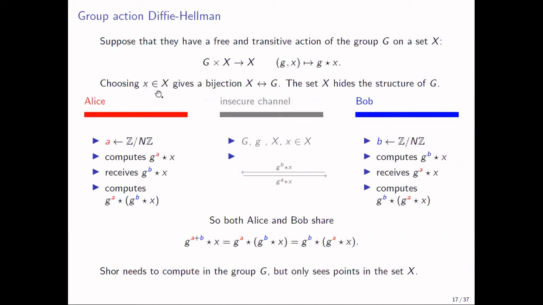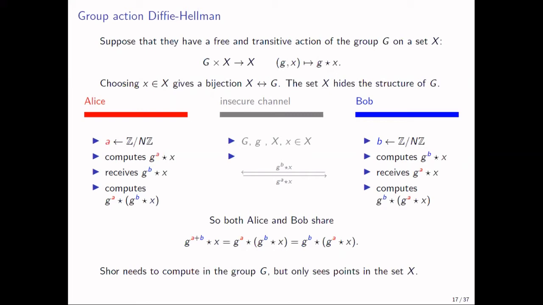Well, if you choose any point in X, then you get a bijection between X and G. But X is just a set. It has no extra structure, and G is a group. So what you can do is compute in the group G and then act on an element, and that just gives you an element of the set.